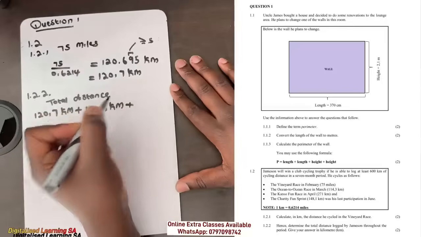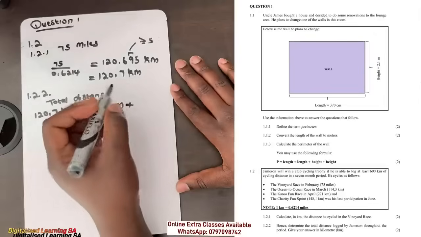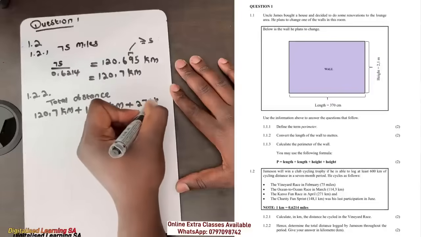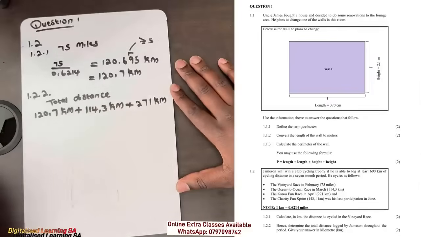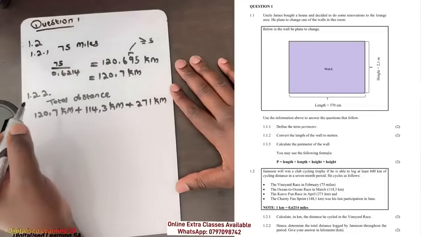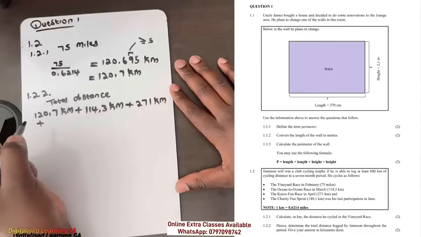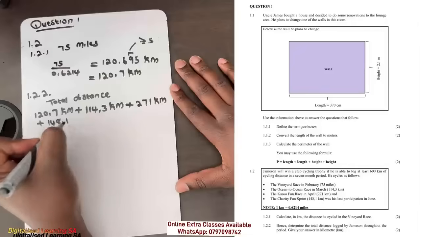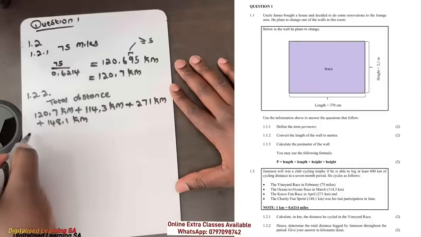Then we add the Karoo Fun race that he completed in April, which was 271 kilometers. And lastly, the Charity Fun sprint, which was his last participation in June. The answer will be 148.1 kilometers.